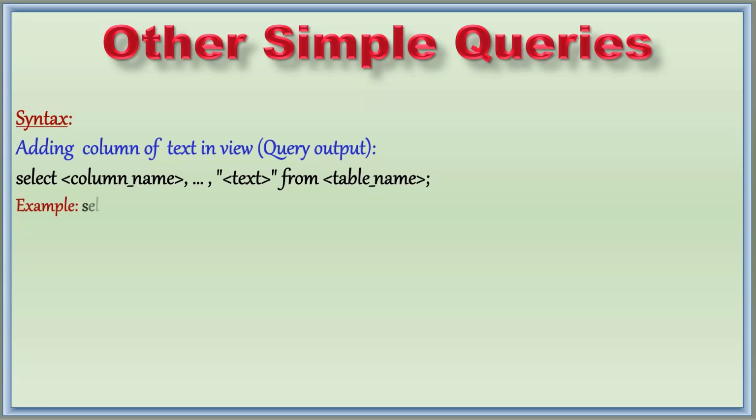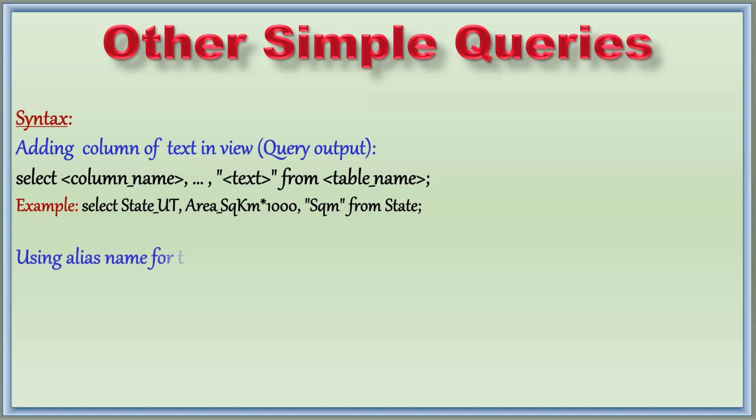For example, select state underscore ut, area square kilometer into 1000. See, this is converted into square meters. To indicate that, I may need square meter to be added in all the rows of that particular column. So I add this SQM in double quotes from state.